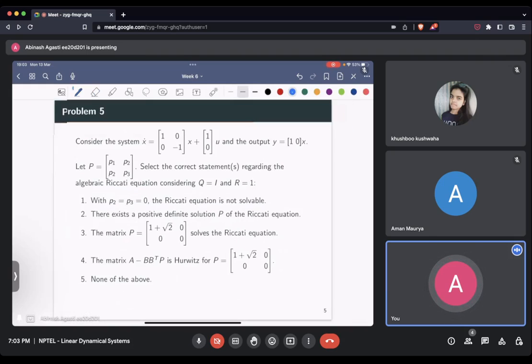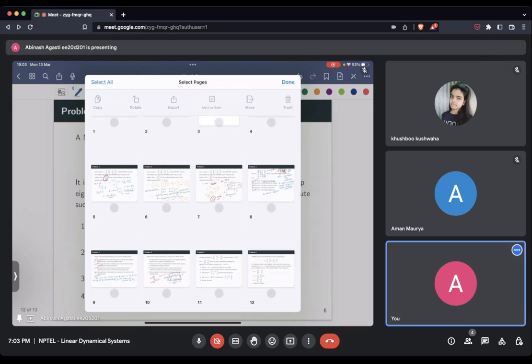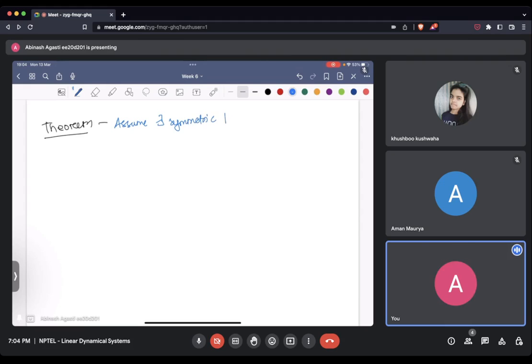Okay, let's just go into some theory for this. Assume there exists a symmetric P matrix which solves the algebraic Riccati equation, ARE, for which the matrix A minus P R inverse B transpose P is a stability matrix.